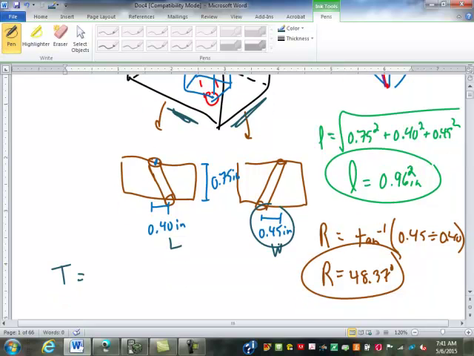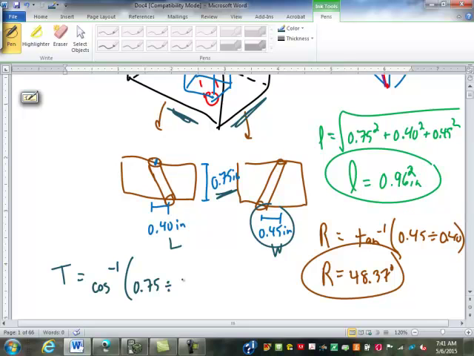How do we find angle T? It's an inverse, but what trig function? Cosine of 0.75 divided by 0.962. You got it.